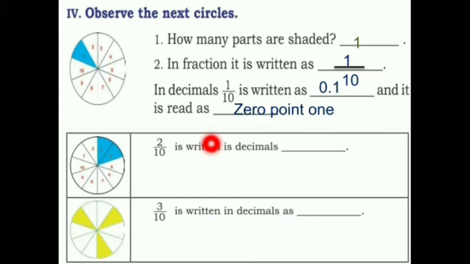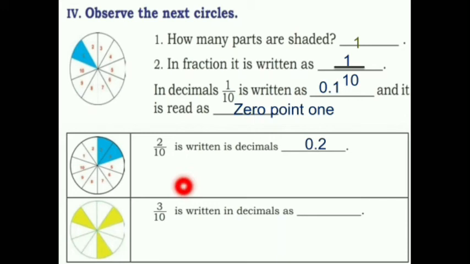Children, see this question. 2 by 10 is written in decimals as dash. Here the numerator is 2 and the denominator has 1 zero. So we should put the point after one digit. We write it as 0.2. It is read as 0.2.